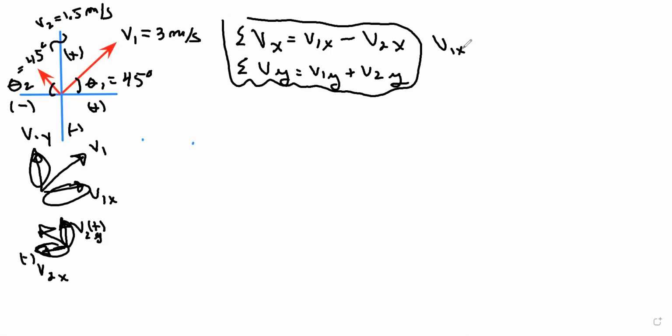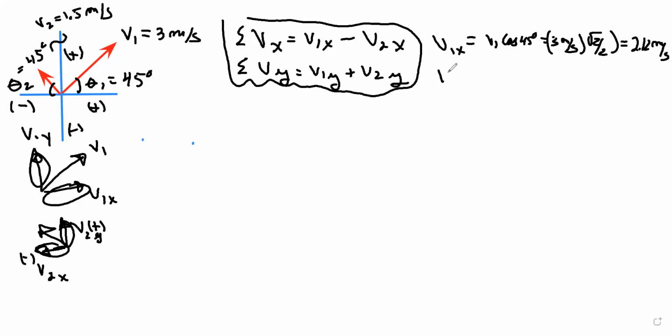Okay, so we have that v1 in the x direction is going to be v1 cosine of 45 degrees, which is going to be 3 meters per second times the square root of 2 over 2. So that's going to be equal to 2.12 meters per second.